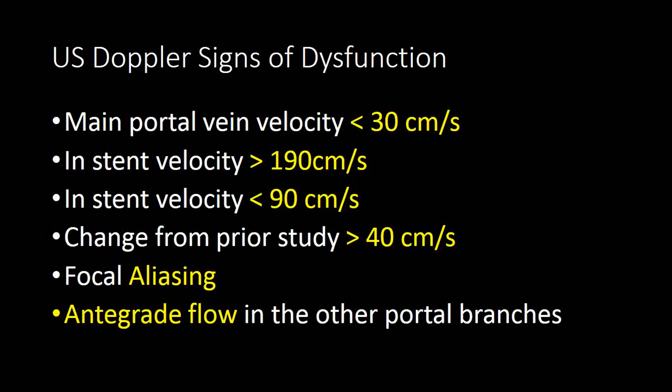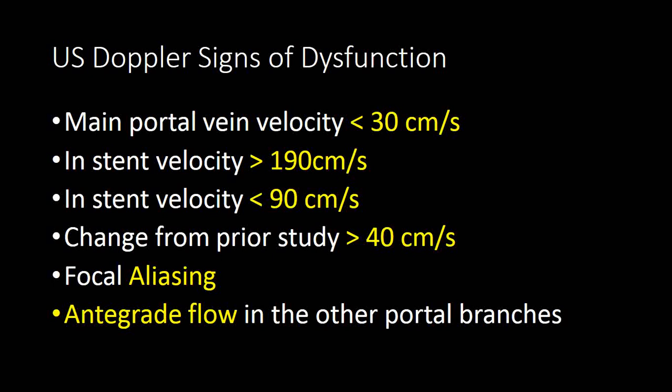So if the main portal vein velocity drops below 30 centimeters per second, that may mean that blood flow is not going through the portal venous system well, and there's a stenosis in the TIPS. If velocity within the TIPS stent is greater than 190 centimeters per second, that may indicate that there's a stenosis, and that stenosis is resulting in a high velocity jet of blood right at the stenosis or just distal to the stenosis that we can detect with ultrasound.